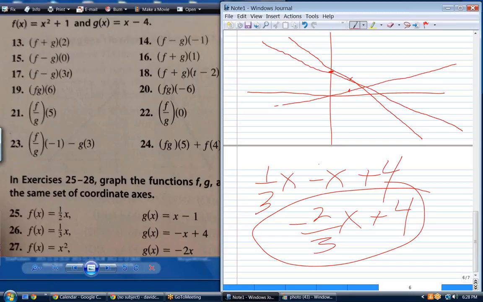In other words, by doing it the other way, if I took this point and added this negative value, I would get that value right there. If I took this point and added this negative value, I would get that value right there. So it looks like the way to do this is just to add the two functions and then graph the result. All right.